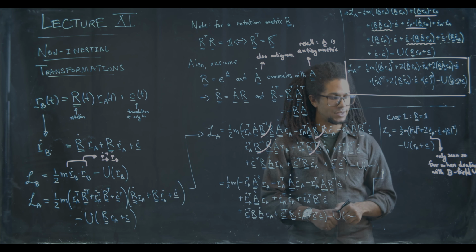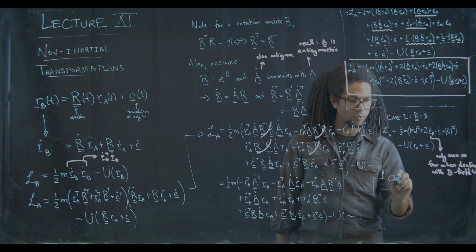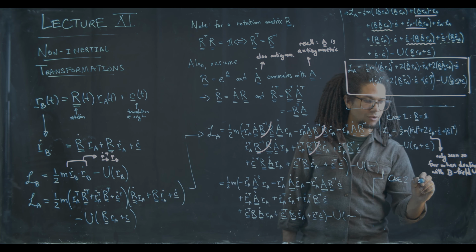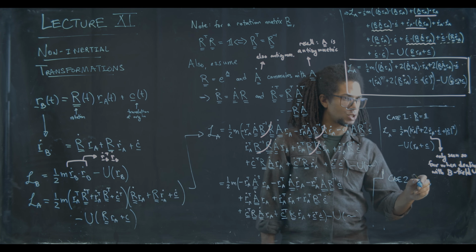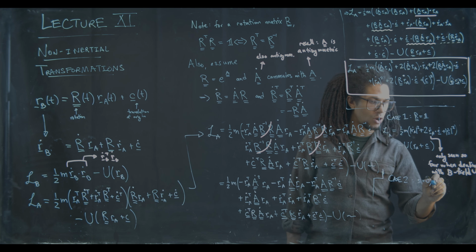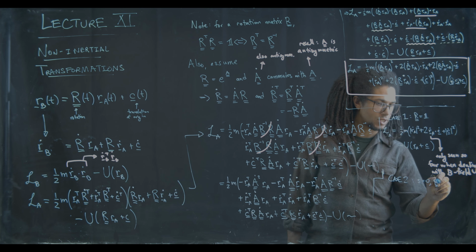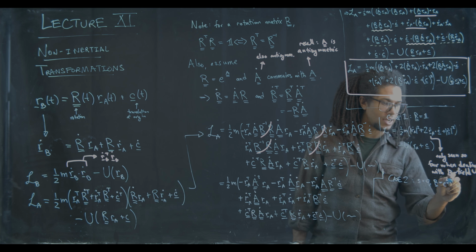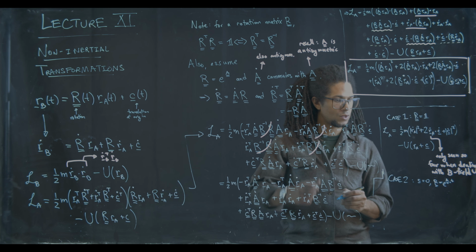Now for our second case, let's deal with the case that we dealt with on the computer, where we have C is equal to 0. And just for good measure, let's deal with the case in which R is a constant rate of rotation matrix. So it's going to be equal to e to the A naught times t. Good.